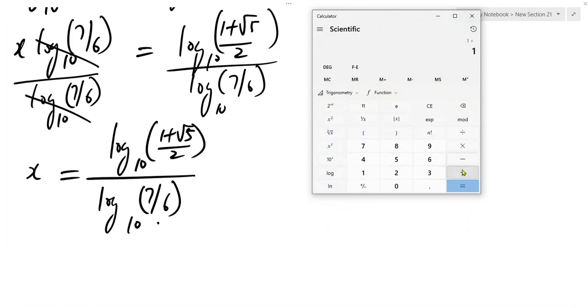We have 1 plus square root of 5, then divide by 2, then log base 10, divided by brackets open 7 divided by 6 bracket close log base 10 is equal to, so the answer is 3.